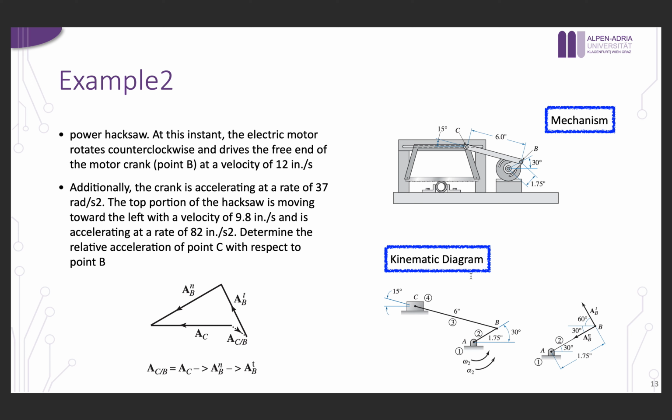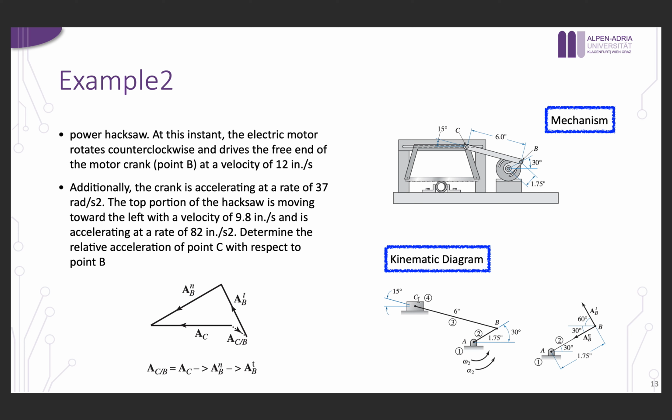Now we want to determine the relative acceleration of point C, this one, with respect to point B, this one. There is, of course, relative acceleration because point B is driving point C.